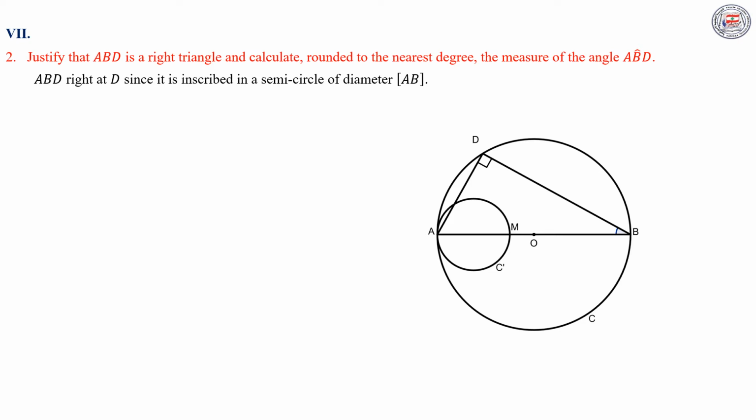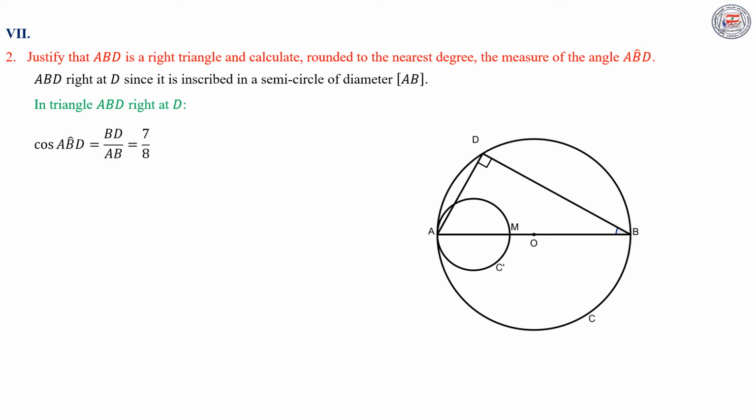In triangle ABD, which is right at D, we have the measure of AB, which is the hypotenuse of this triangle, and the measure of the side BD, which is the adjacent side related to the angle ABD. If we have the adjacent and the hypotenuse, then we have to use the cosine.